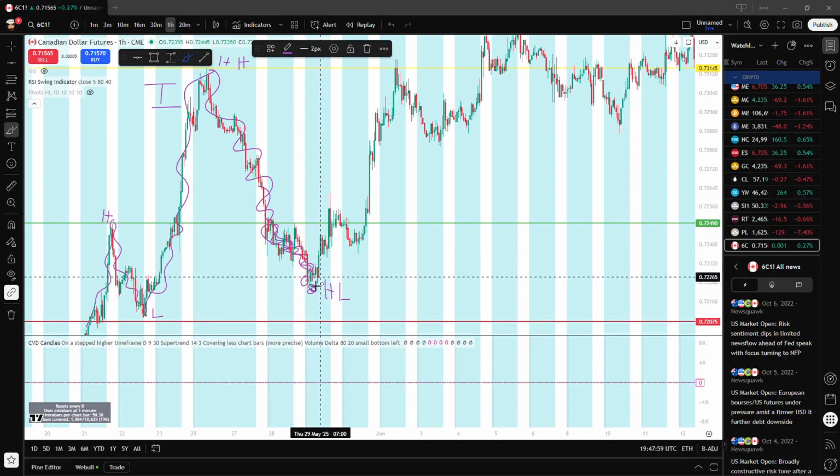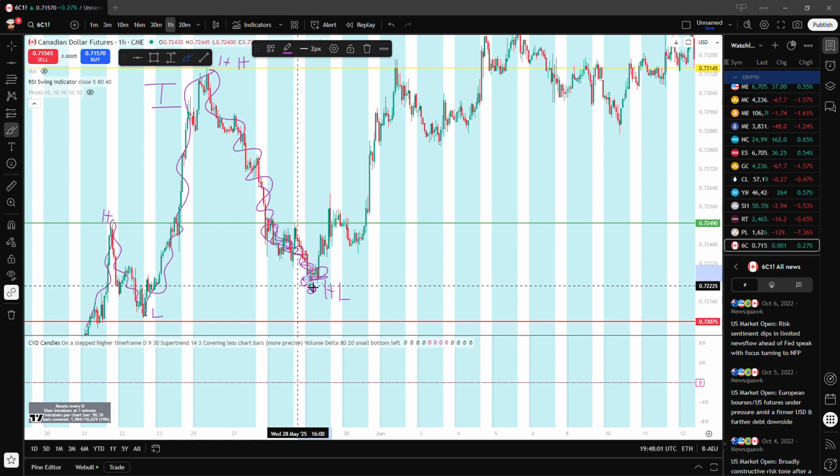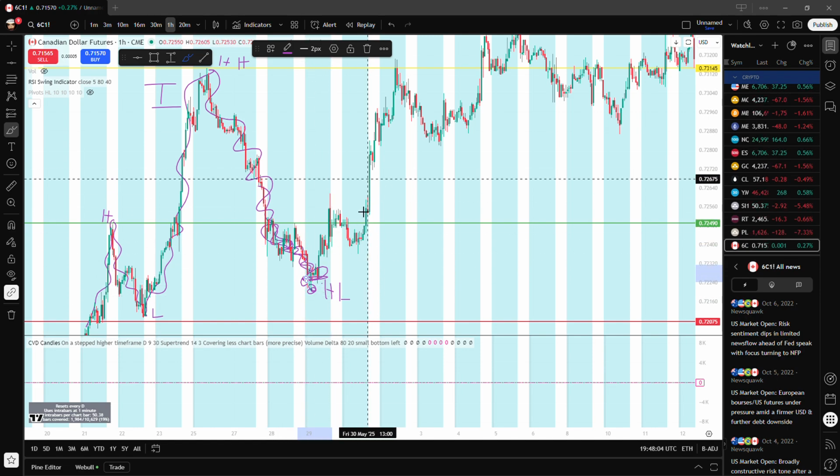So it forming this higher low right here is basically it telling us, okay, it wants to break through.